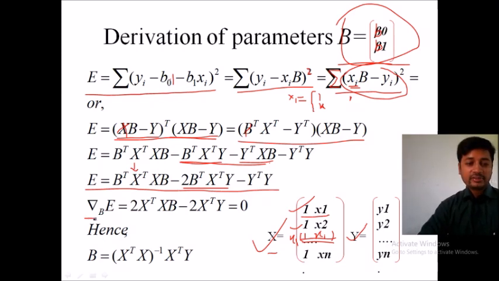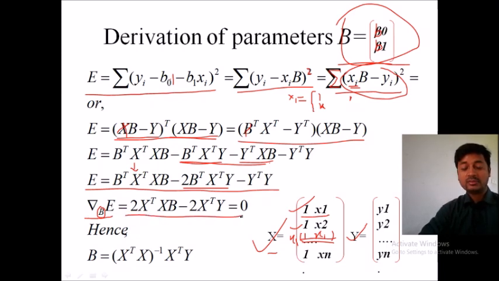Now we differentiate this with respect to b, that is, with respect to the parameters b naught and b1, and equate it to 0. You may ask why we differentiate and equate to 0.